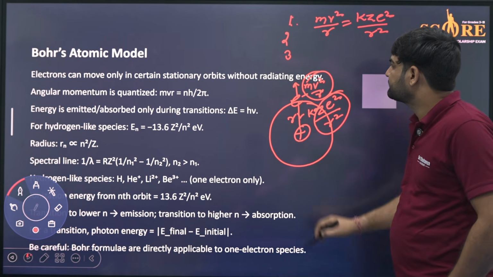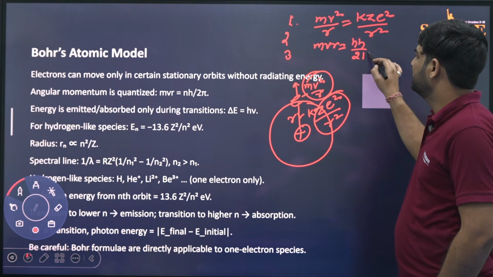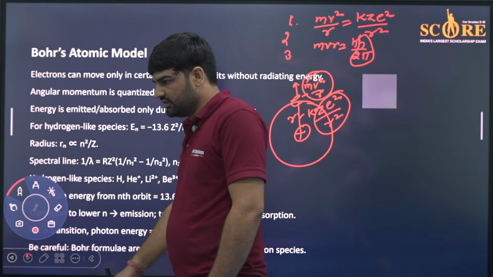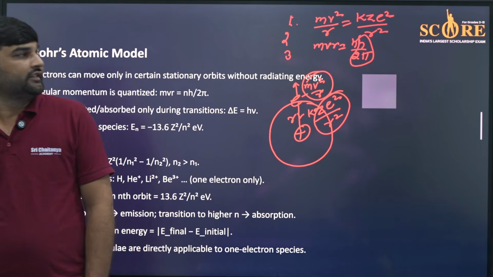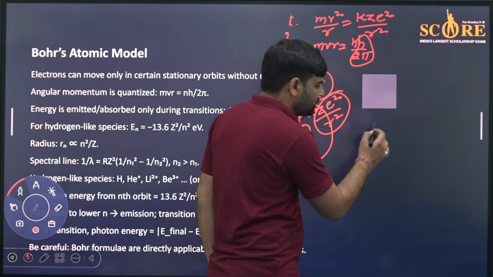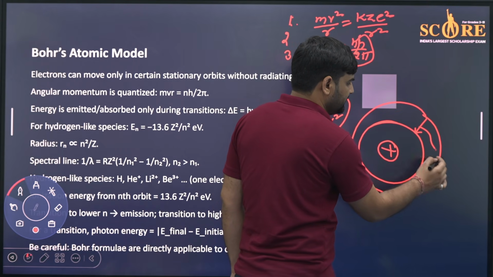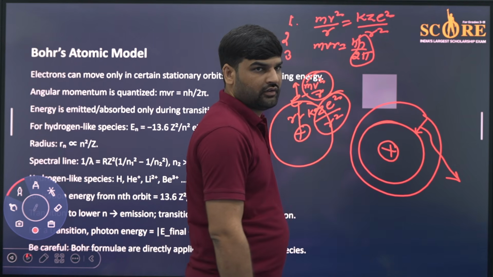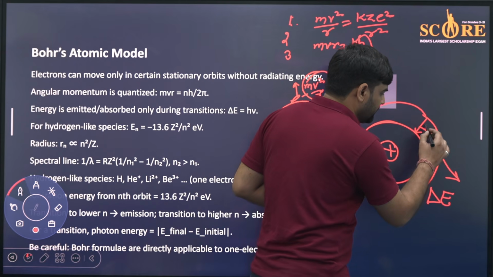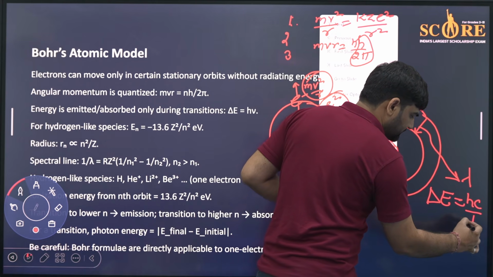Second, he told that angular momentum of an electron is integral multiple of h upon 2 pi. Then he told that mvr equals nh upon 2 pi. He also told that if an electron comes from higher energy to lower energy, it emits energy, and energy difference will be delta E, and if the radiation emitted has wavelength lambda, then you can write hc by lambda.